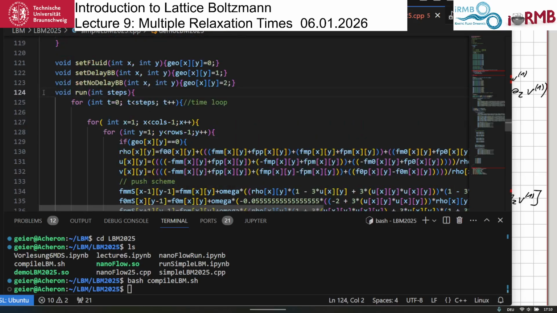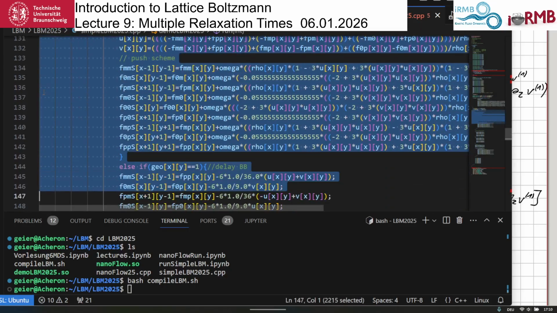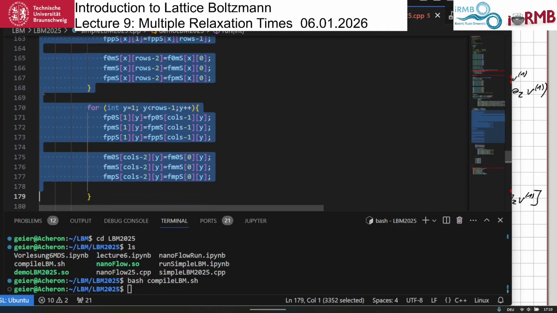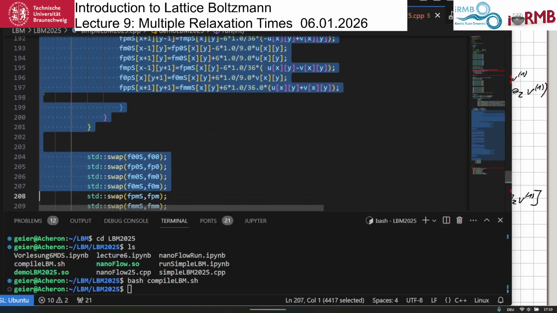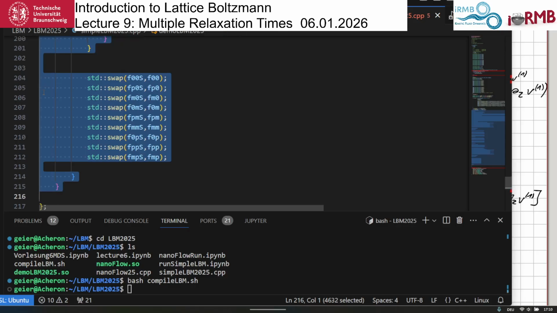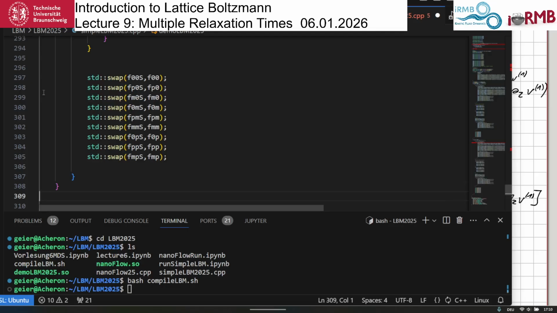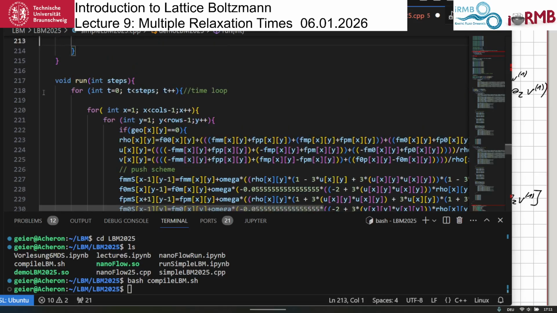So what we would have to do is, without trying to be too clever, copy all of this, including the swaps and so on, and define this as a new run function for MRT. So first thing, we would have to run MRT.